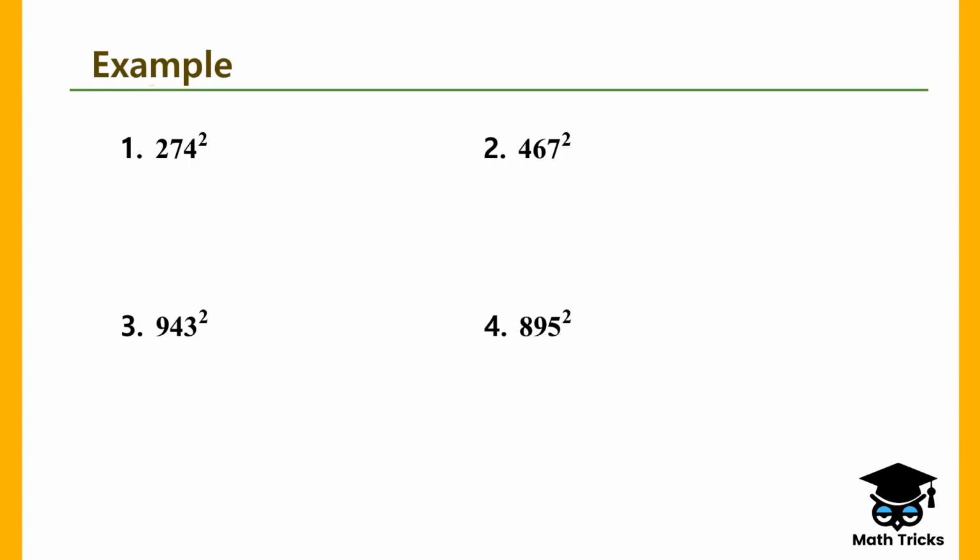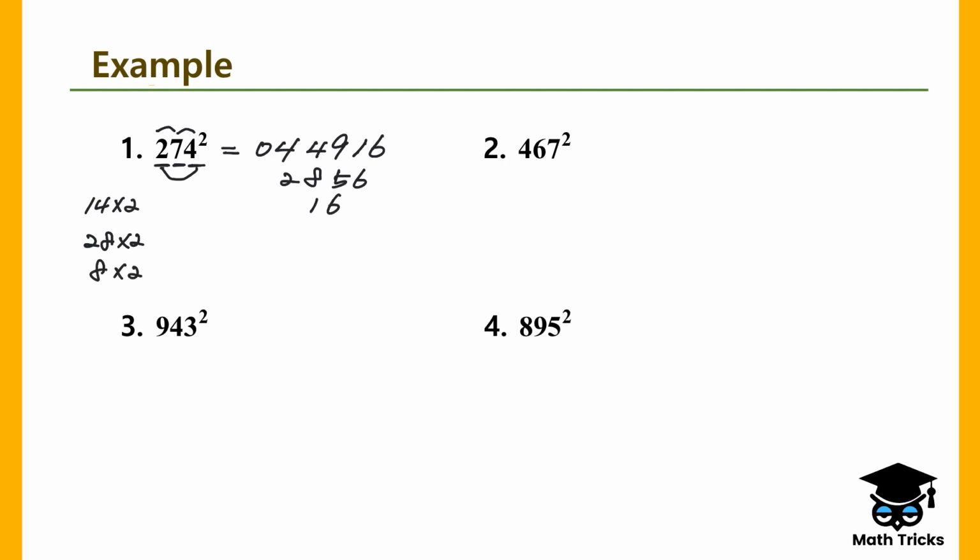Now let's try these examples. Number 1, we have 274 squared. So that is equal to 2 squared, 4, 7 squared, 49, 4 squared, 16, 2 times 7, 14 times 2, that's 28. 7 times 4, that's 28. 28 times 2, 56. 2 times 4, that's 8. 8 times 2, that's 16.